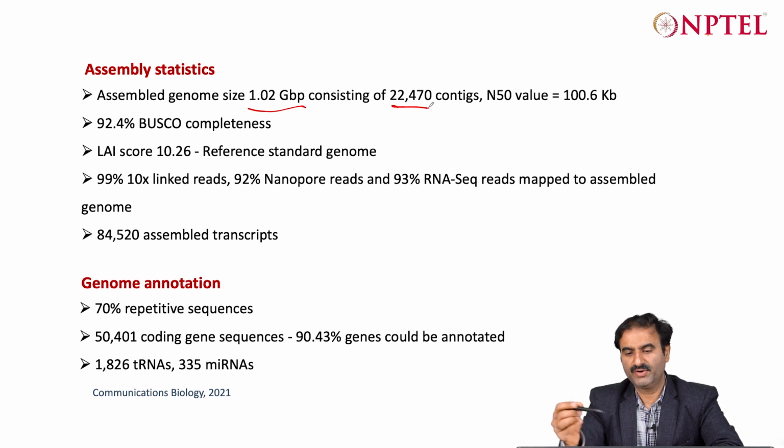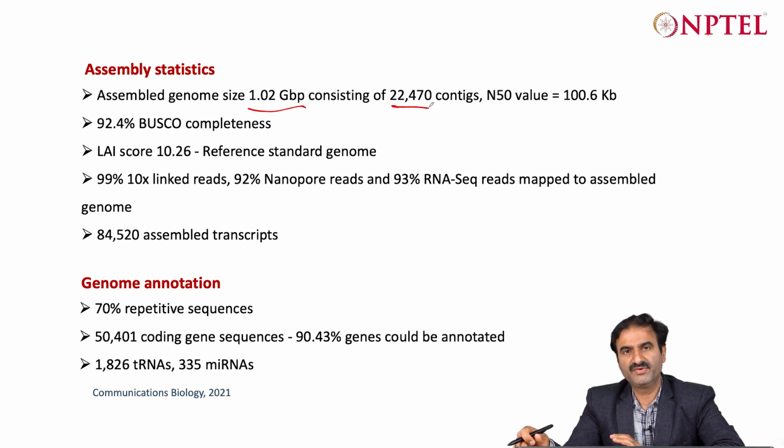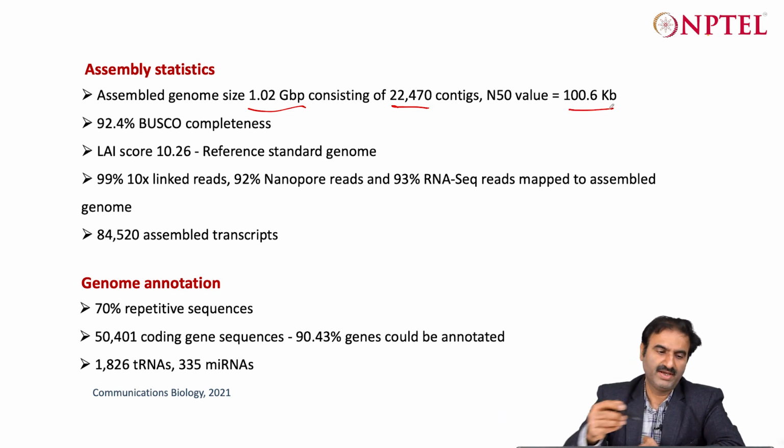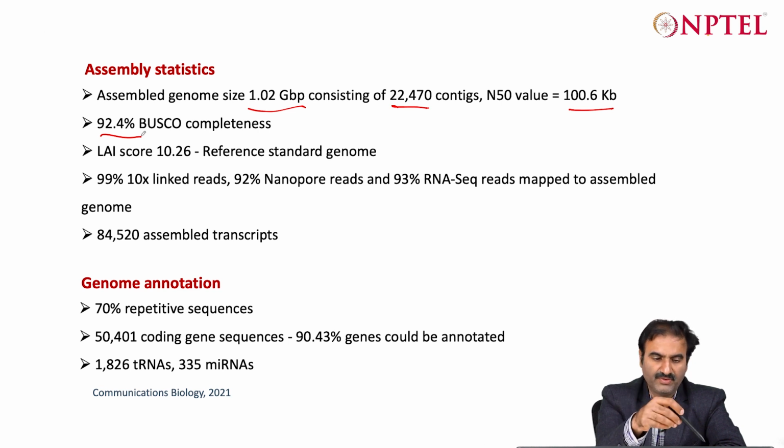The estimated genome was a little higher at 1.12 GB, but the assembled genome was 1 GB, containing 22,000 contigs. That means it was available in 22,000 pieces and not assembled into chromosomes, and the N50 was only 100 KB, but 92% gene or BUSCO completeness was there. The LAI score was more than 10, so it was a reference standard genome.